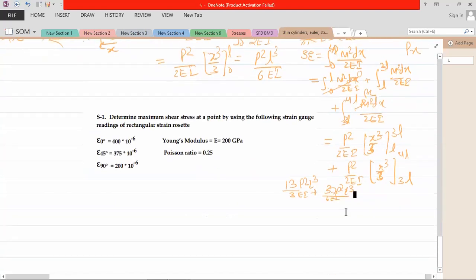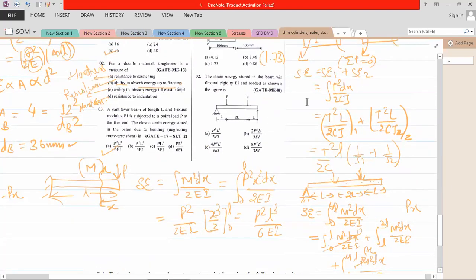Now 13 to the 26 and 26 plus 37 is 73. I think something is going wrong because the answer is not coming.